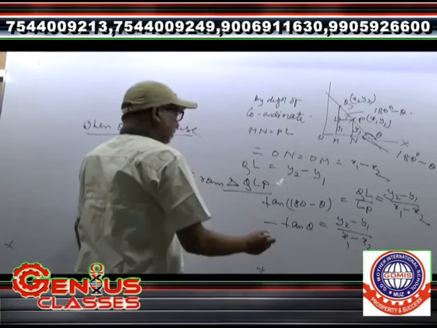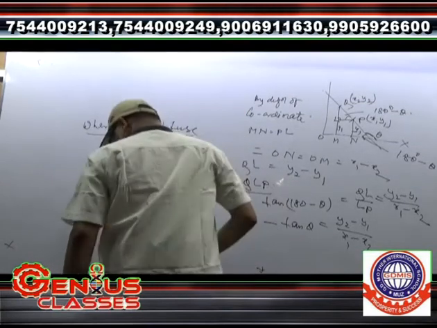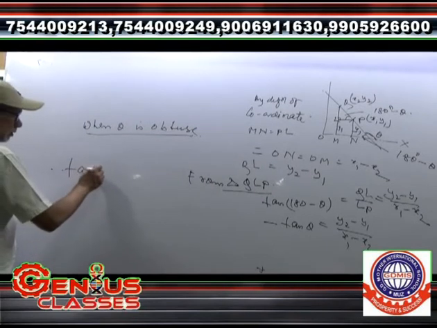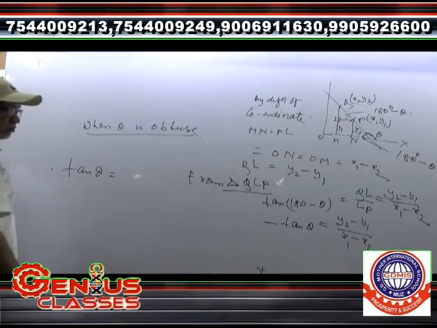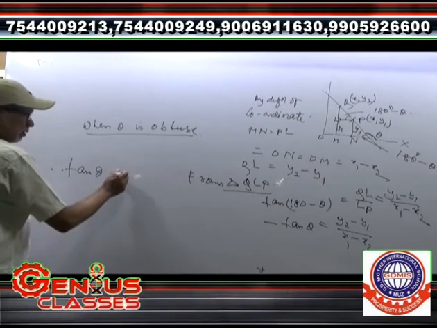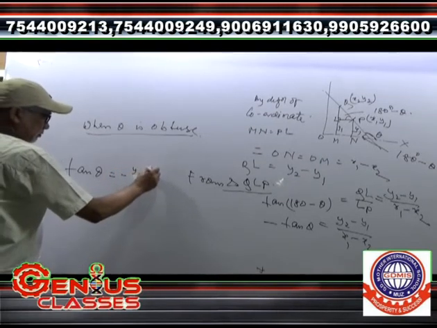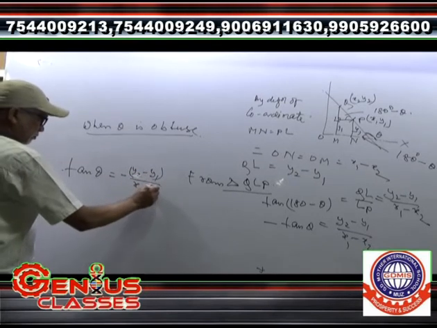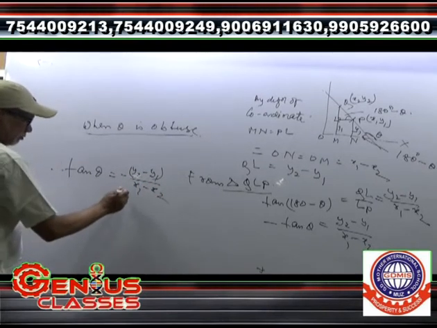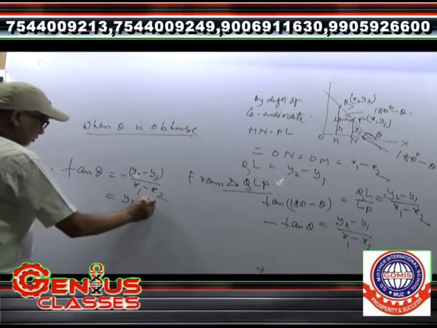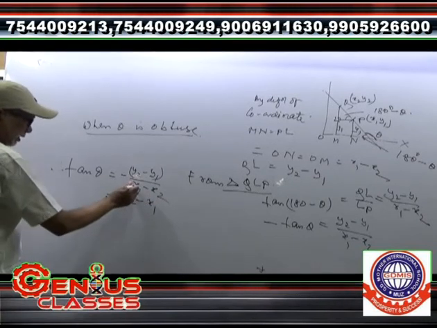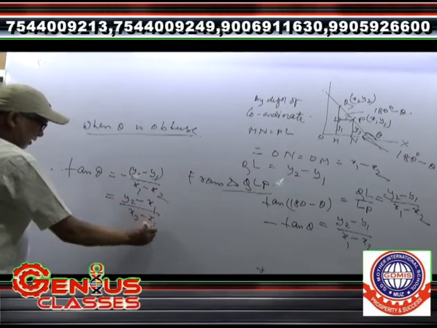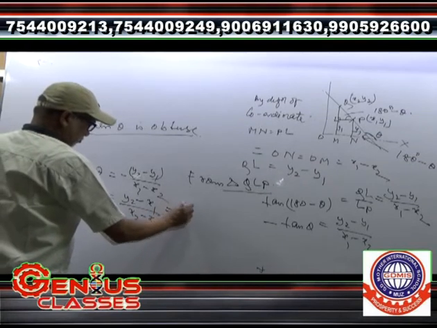Therefore tan theta is equal to, multiply minus 1 on both sides, minus y2 minus y1 बटा x1 minus x2 is equal to y2 minus y1, माइनस multiply करेंगे तो माइनस x1 माइनस माइनस प्लस x2 हो जाएगा, x2 minus x1. This is called the slope.